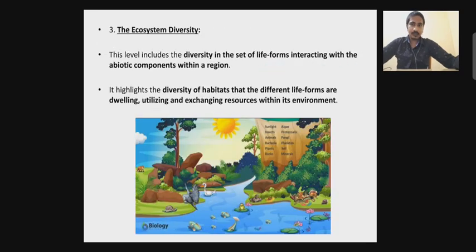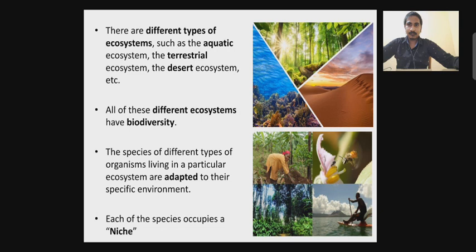Now the ecosystem diversity, like I said, is based on the different types of habitat. We know there are different types of ecosystems, ranging from forest to grassland, and aquatic, terrestrial and desert ecosystems.